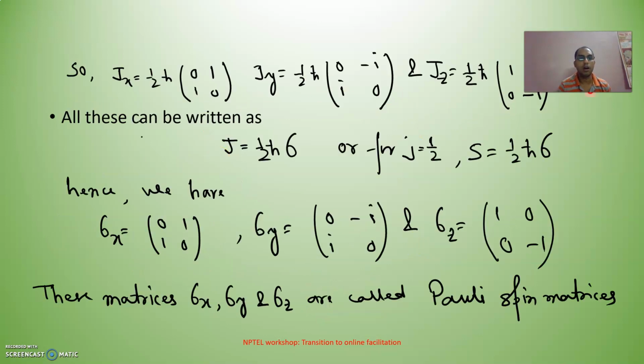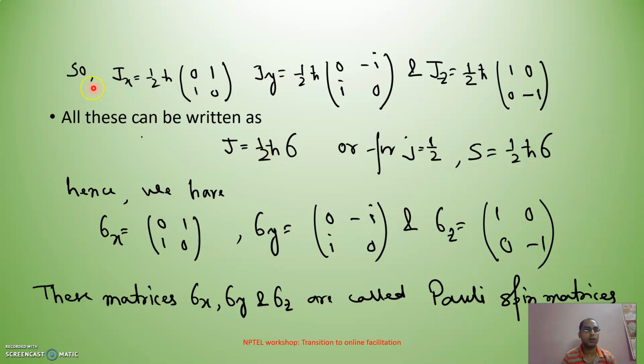So what I want to tell you is that here we have obtained the matrix of Jx, the matrix of Jy, and the matrix of Jz. These are the components of the angular momentum operator J, expressed through the matrices 0 1 1 0, 0 minus i i 0, and 1 0 0 minus 1.